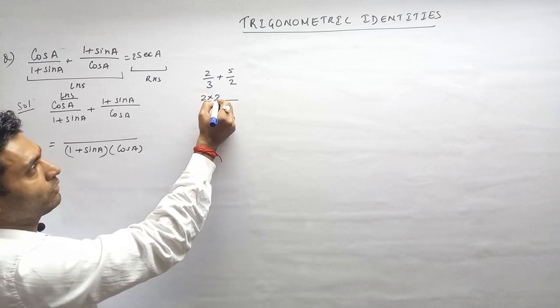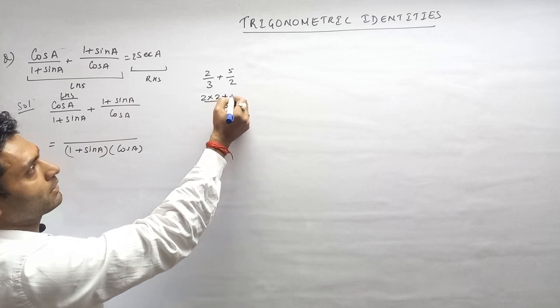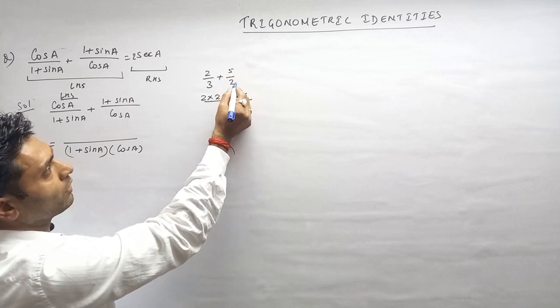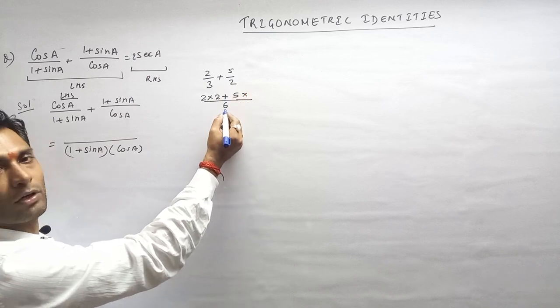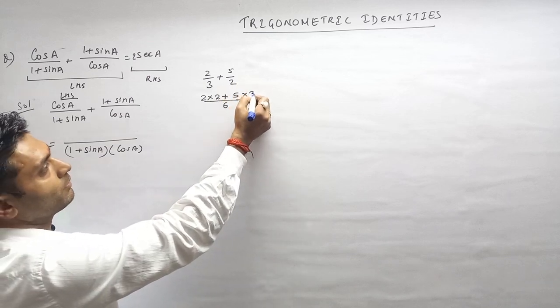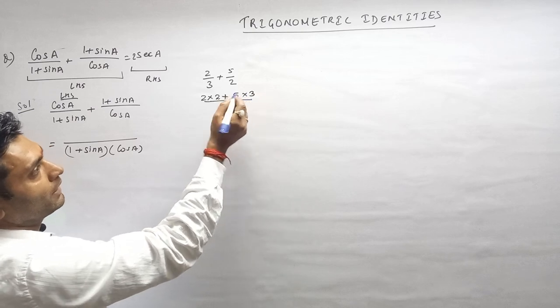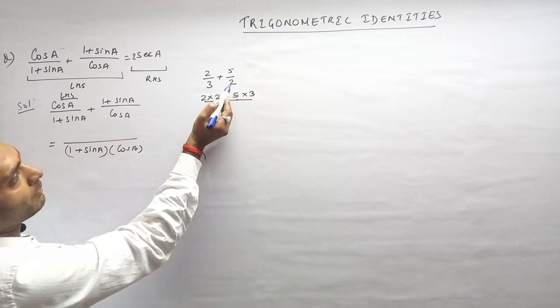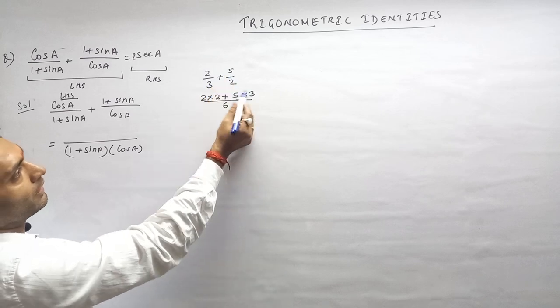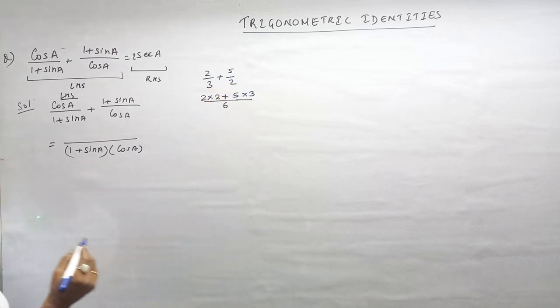That's obviously 2. Plus 5 upon 2: 2 should be multiplied by what to get 6? That is 3. So we'll multiply 5 and 3. If you closely look at this, it is simply multiplying 2 and 2 here, 3 and 5 here, right?